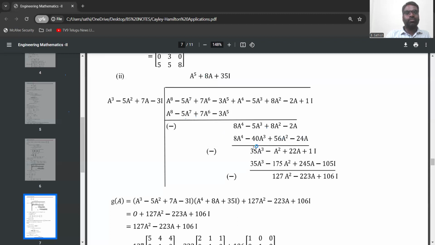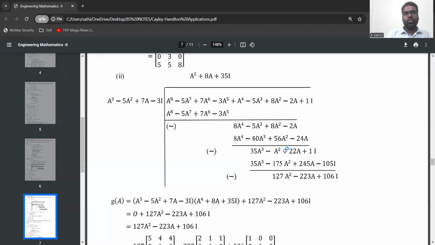After subtraction, we get positive, negative, positive, negative, positive signs. Here 8a power 4 and 8a power 4 get cancelled. We get 40 minus 5, which gives 35a cube. Next, 56 with a negative sign plus 8, a small correction.